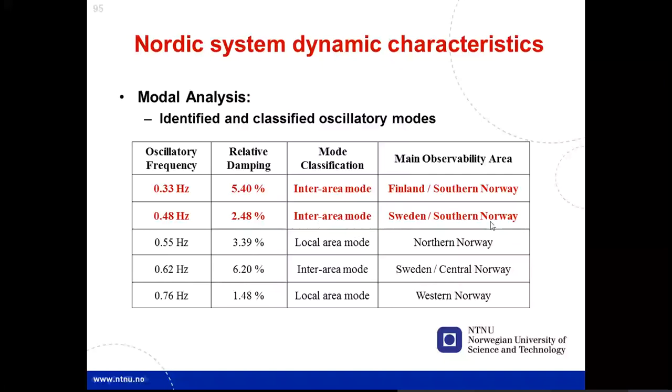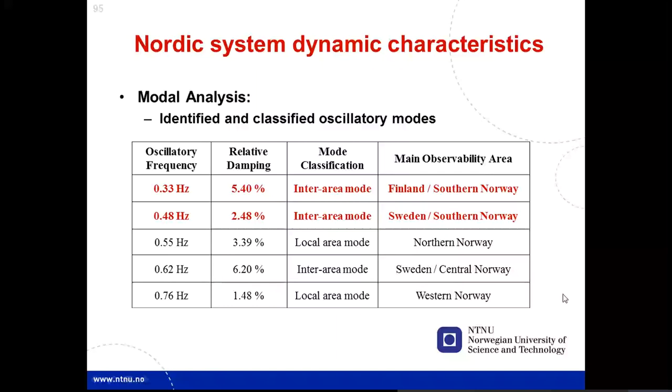And there are some more modes. We have a local mode here, and then an inter-area mode, and then some more modes. So in the Nordic grid system, we have several modes, and they have their own characteristics, I mean the damping factor, and these modes appear across the whole network.